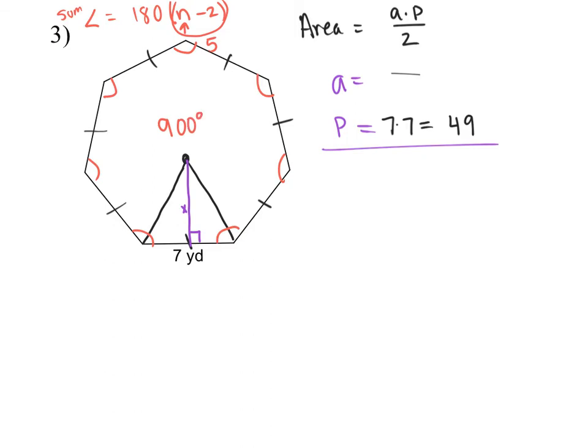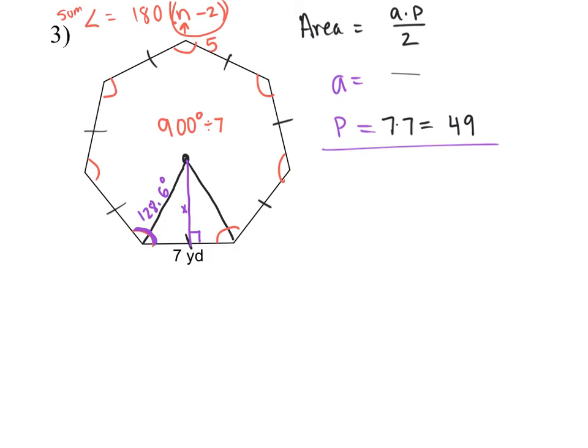So then to find just one of those angles, I would divide that by 7, and I know that one of the angles is about 128.6 degrees. Again, you're going to be rounding here, which means our answers might be a little bit different based on how you round.